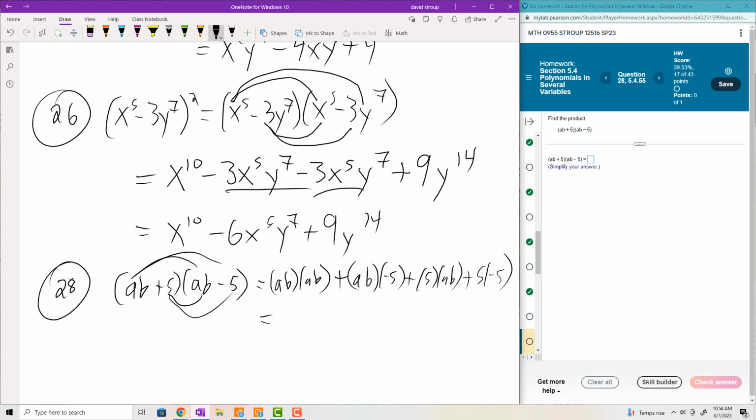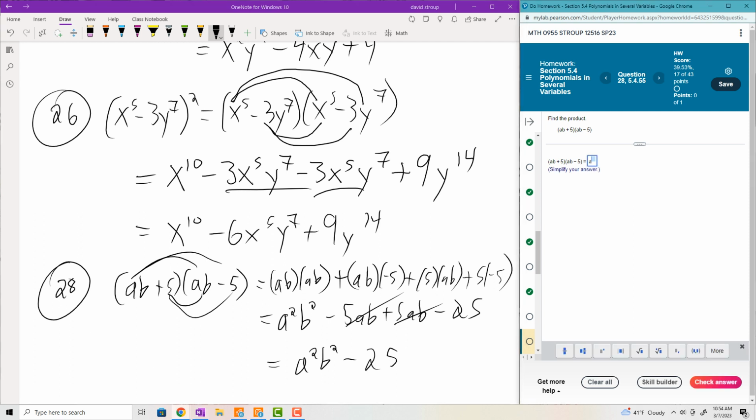AB times AB is a squared b squared, minus 5AB plus 5AB, and then minus 25. Those are gone, so you just end up with the first and the last squared: a squared b squared minus 25.